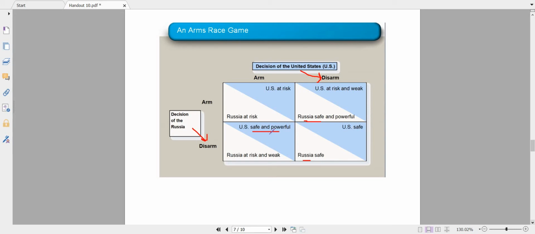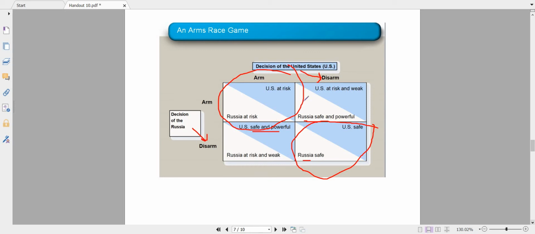So what we've just seen from this example is that although this is the best outcome, this is not a stable outcome. Both will end up deflecting from the agreement and both will end up arming themselves. This is going to be the oligopoly outcome, where both arm themselves.